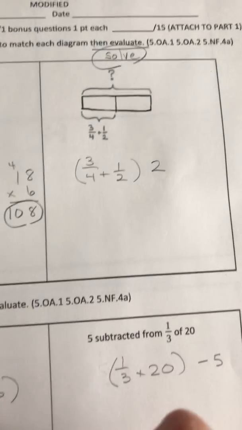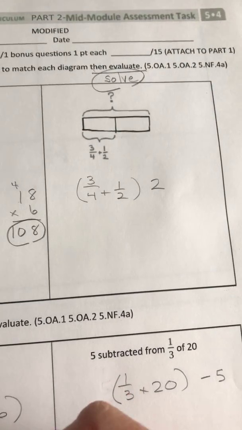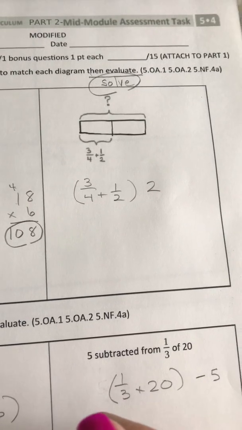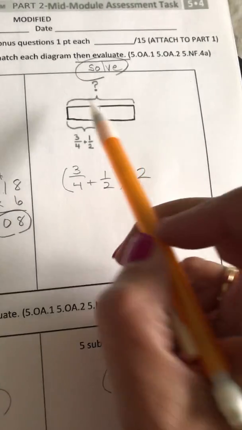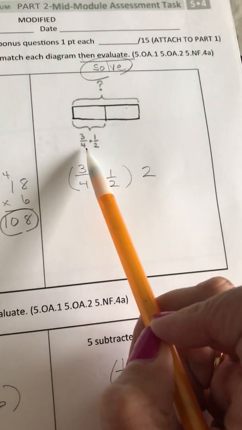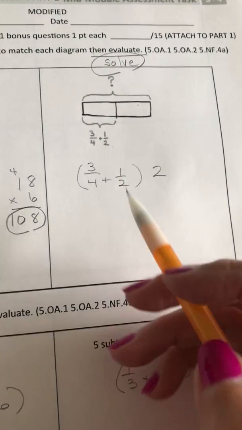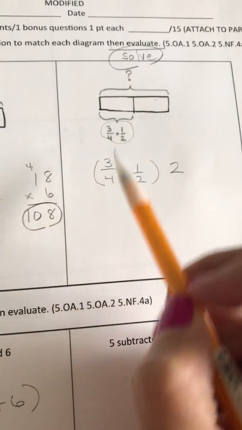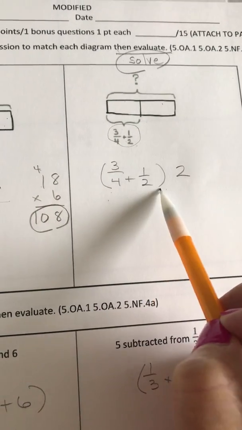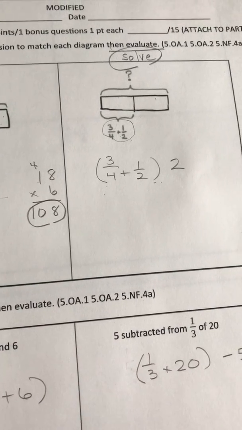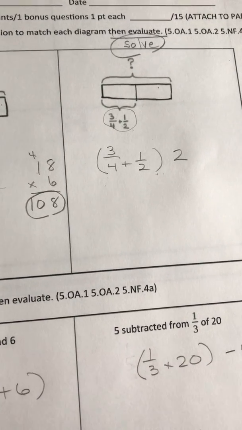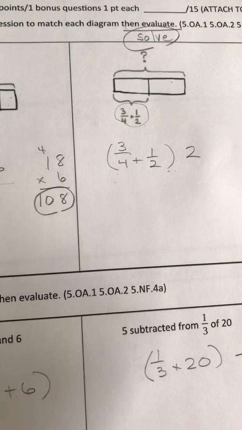Okay, my next one should look pretty familiar to you because I think I did this one with you in an anchor chart. So there's 2 pieces here. There's 3/4 plus 1/2. Do exactly what this says. Make sure you put them in parentheses. Remember, we're following PEMDAS, so you're going to always solve what's in the parentheses first. Okay, so let's do that.